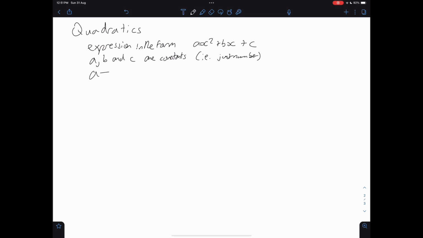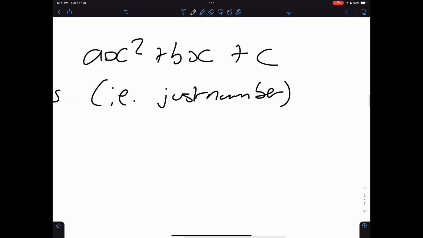And a cannot equal 0. Because if a were to equal 0, then this whole thing would become 0, because anything times 0 is 0, and you'd just be left with bx plus c, which is a linear function.